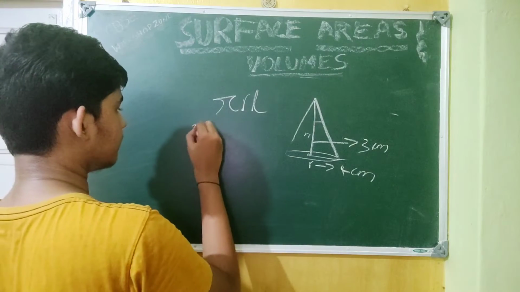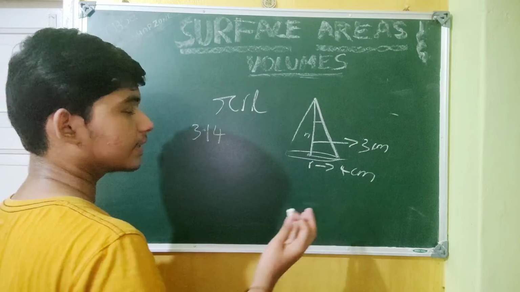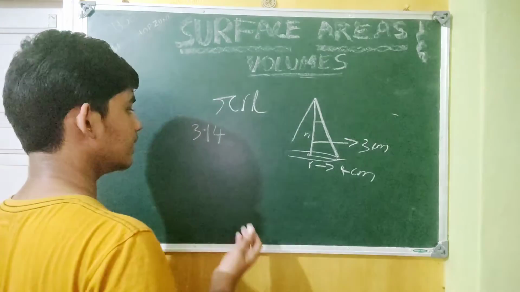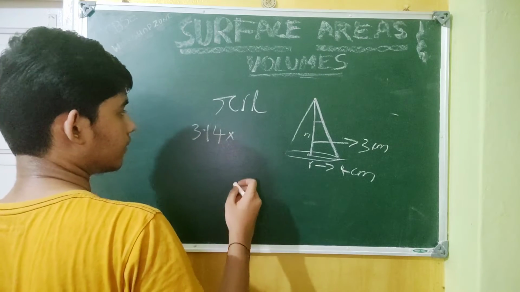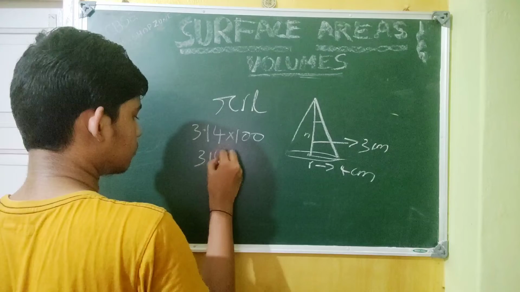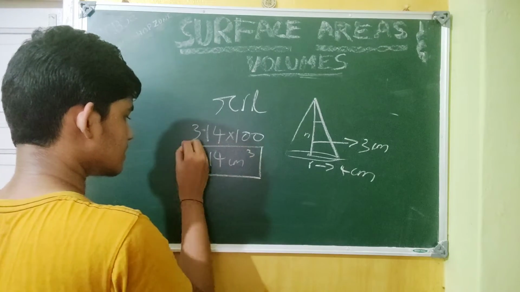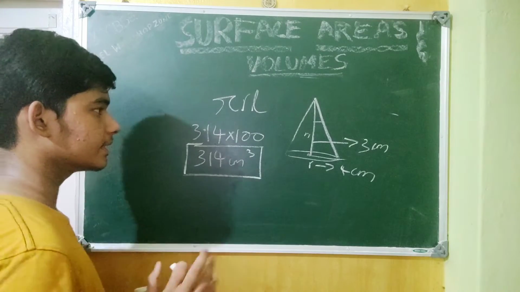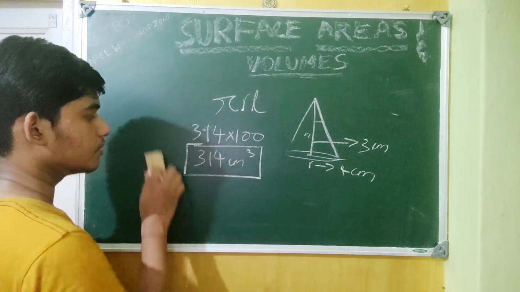For example, if we do the same thing, if we take r equal to 4 and L as the same one, 5, so 3.14 into 4 into 5 is 62.8. So this is how we can find the surface area and the curved surface area of a cone.